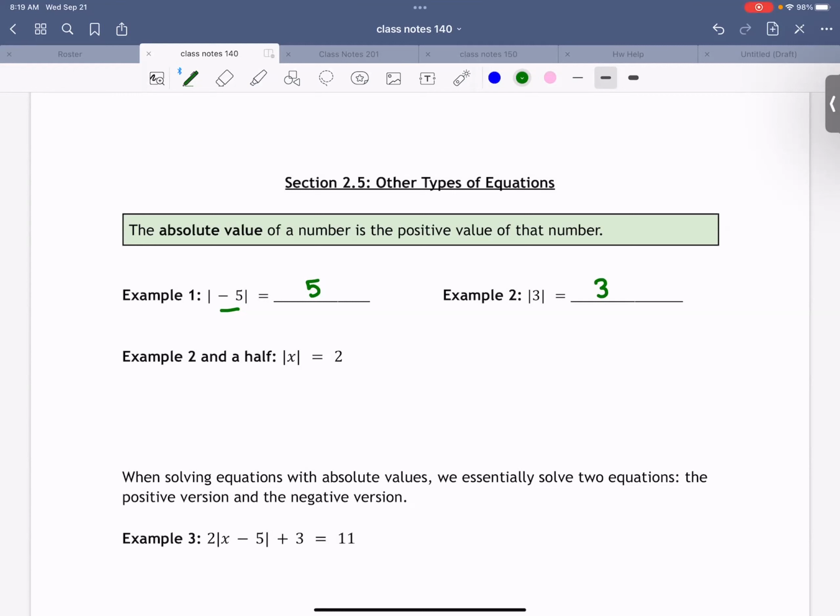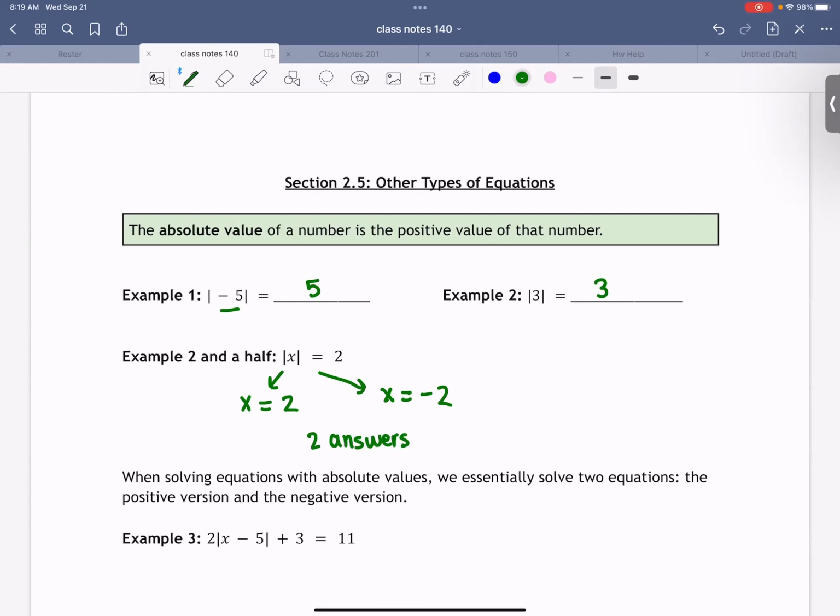Let's say we have x, which is a number, and we know that if we take the absolute value of x, the answer is 2. What can x be? Plus or minus 2. It could be 2 because the absolute value of 2 would be 2. It also could be -2 because the absolute value of a negative number is the positive version, right? So we have two answers here. We have x equals 2 and we have x equals -2.